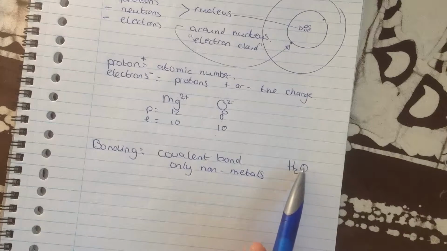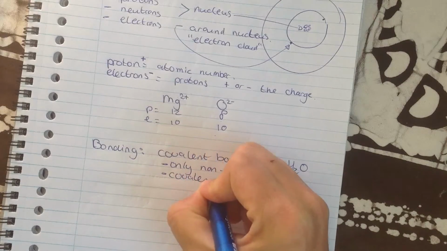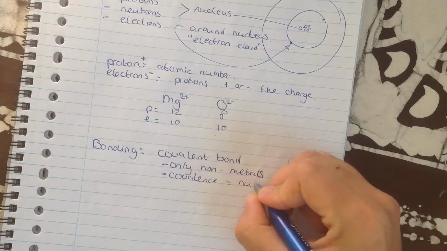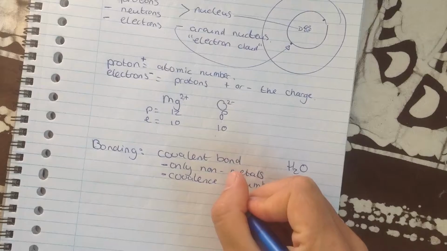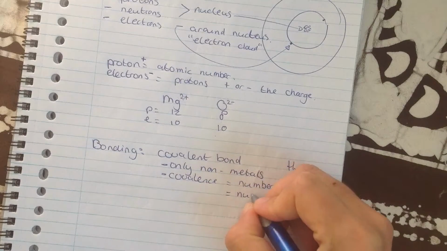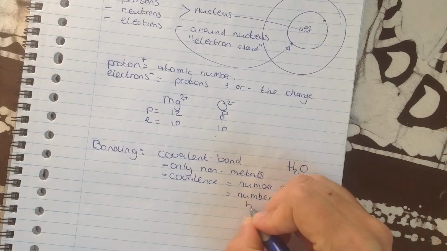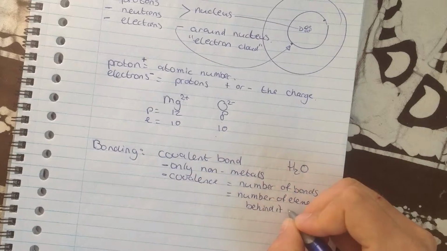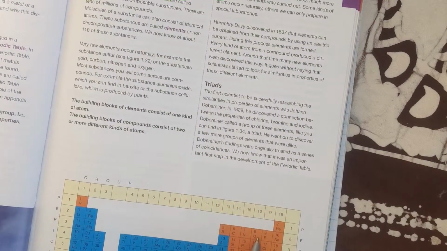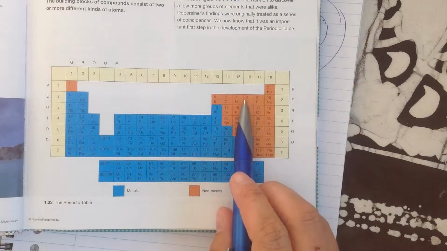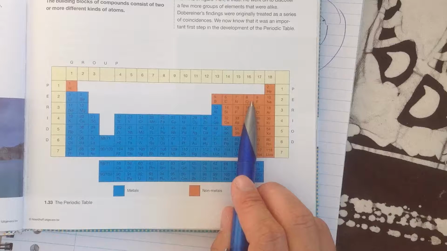When you have covalent bonds, the substances have a covalence. The covalence is basically the number of bonds that it can form, and it's equal to the number of elements behind it in the periodic table. So if I have, for example, oxygen, I have 2 more elements behind it in the periodic table, which means oxygen has covalence 2.